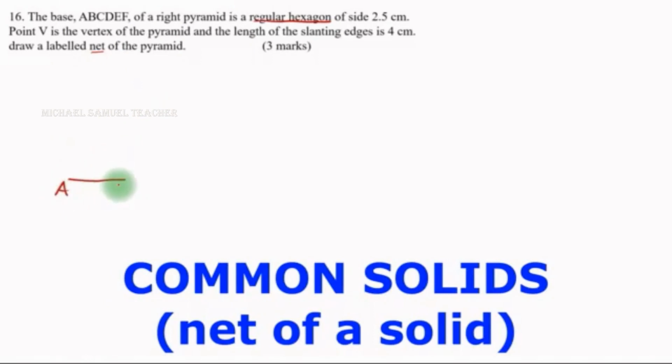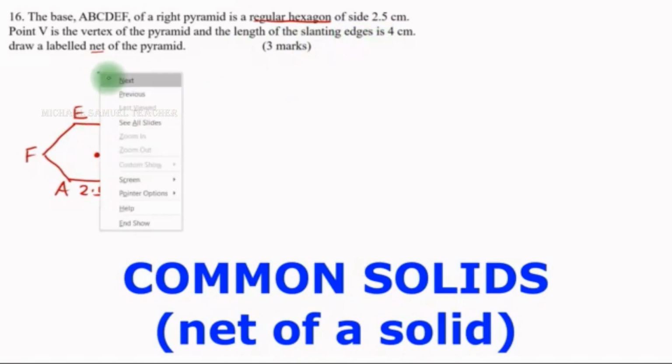We have AB, which is 2.5 centimeter. So A, B, C, D, E, F. So that is it. Then we've been given the slant length, or the slant edge, is 4 centimeter.